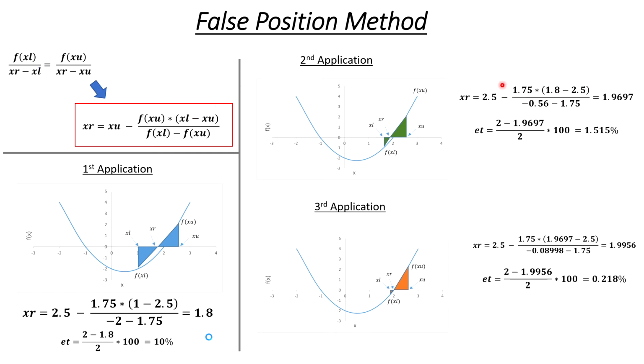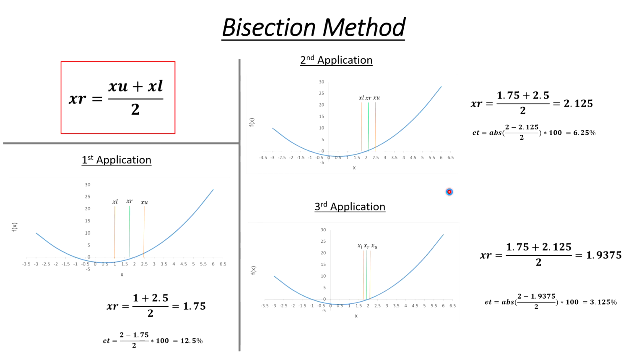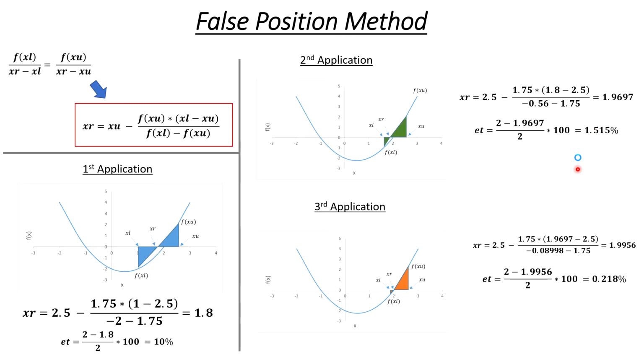We apply the lower limit of 1.8 and the upper limit of 2.5 with their corresponding function values, and that gives us a root of 1.9697 with a true error of 1.515%. So a very, very good improvement over the first application. And if we compare it to the second application of the bisection at 6.25%, definitely a massive improvement.